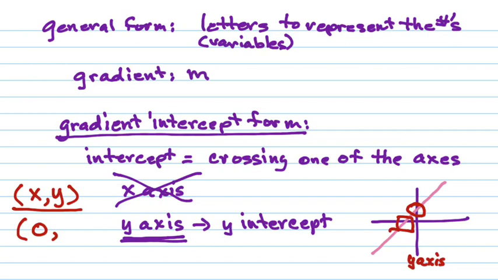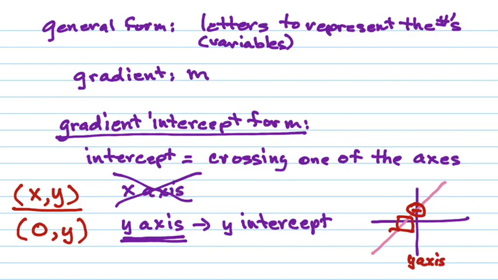So the x value has to be 0 because you can't move right or left any. Now, you can have a y value, and that y value is just determined by counting however many places up or down until you find where the line crosses the y-axis.